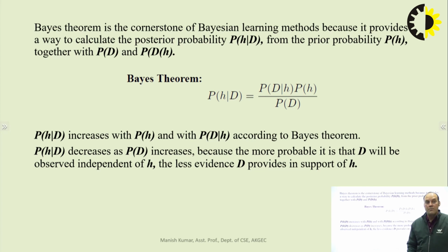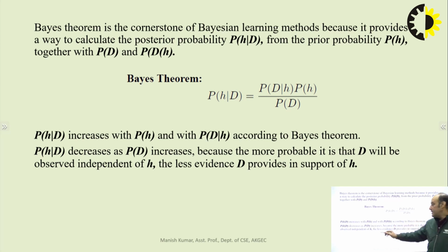This Bayes theorem can be said to be the cornerstone of the Bayes learning method, because it provides a way to calculate the posterior probability. What is the posterior probability? This P of H given D, from the prior probability P of H together with P of D, the probability of the given data, and P of D given H. So P of H given D increases with P of H and with P of D given H according to Bayes theorem.